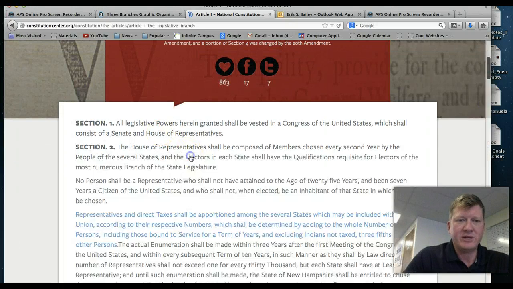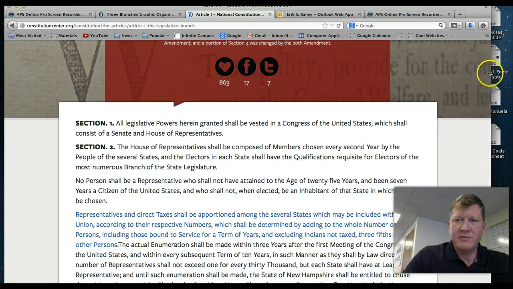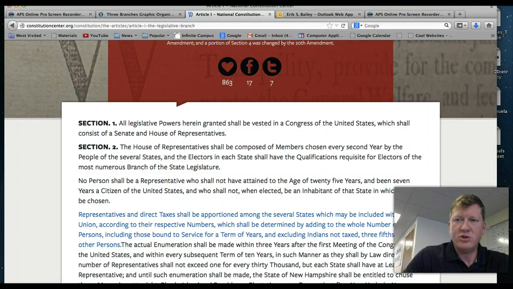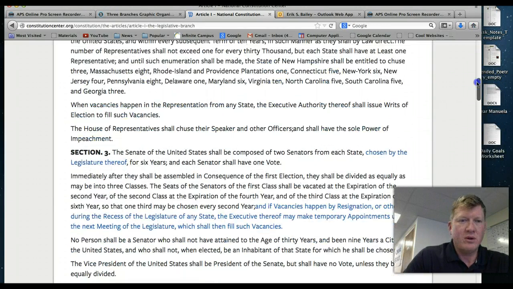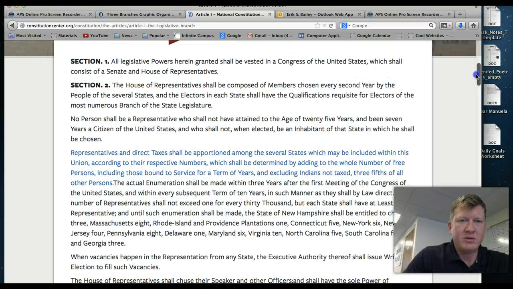Read the full text. You want to have the full text. And then you go to section 2.